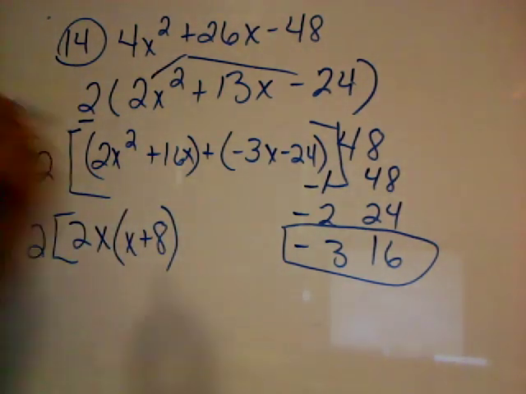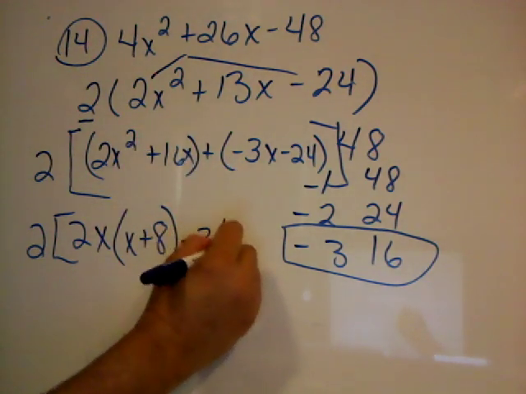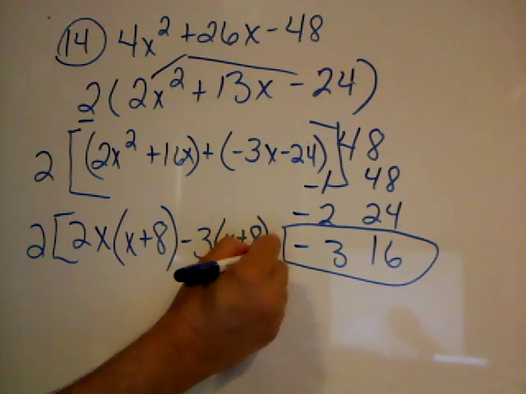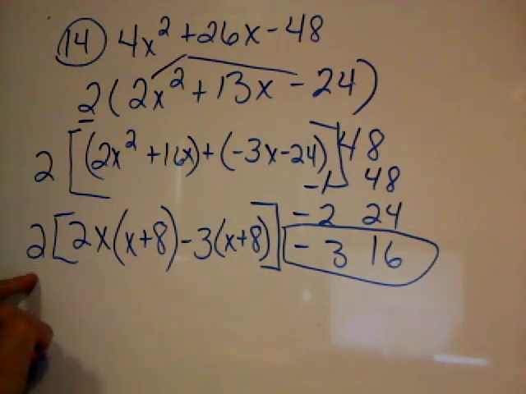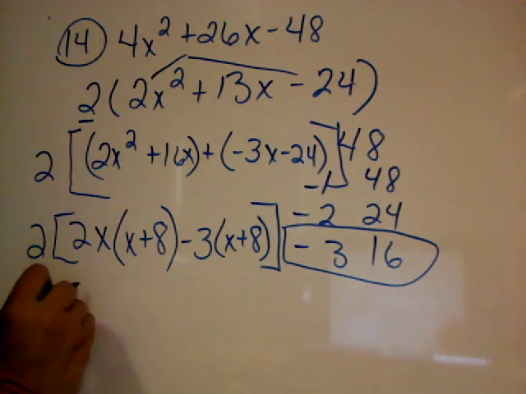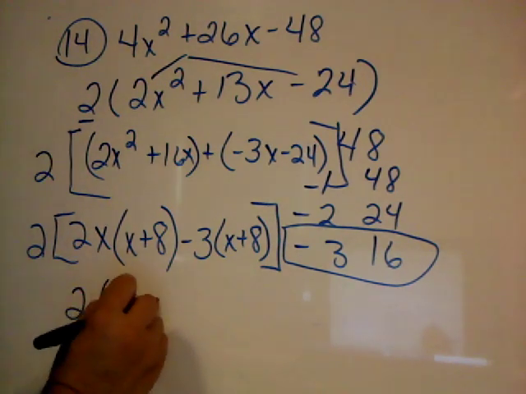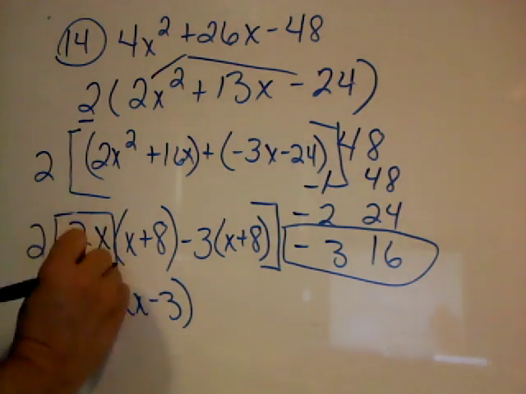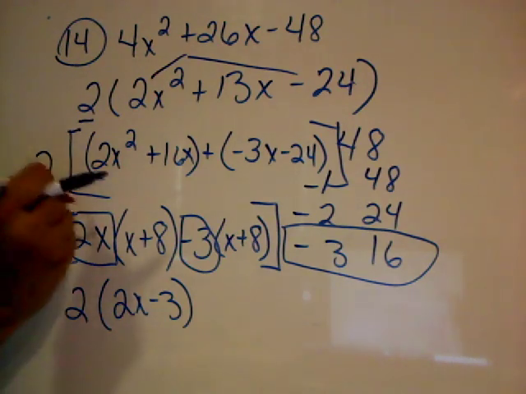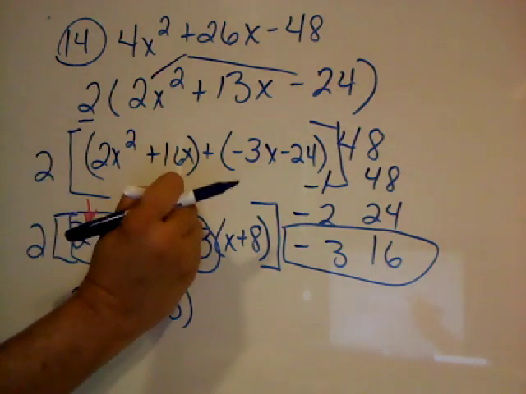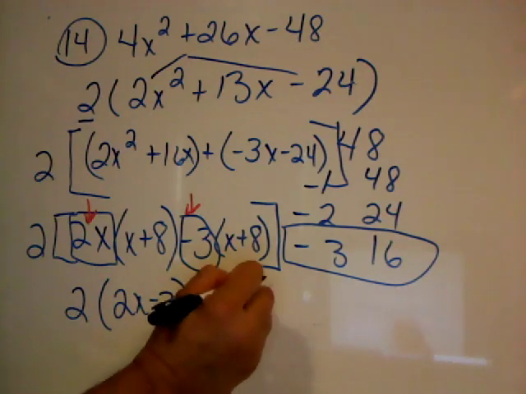And then on the other side, I'm going to take out a -3, which would leave me with x plus 8. Close with my bracket. Now I really don't need the bracket. I'm going to change it to 2 times 2x minus 3, which was here and here, times x plus 8.